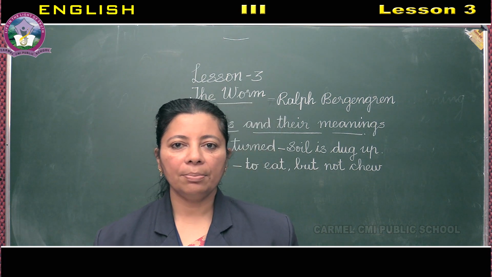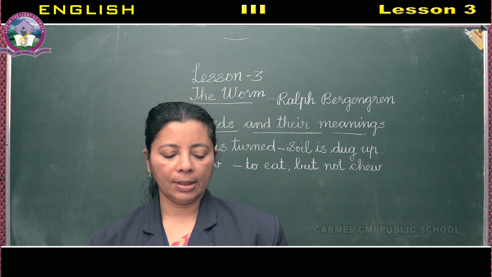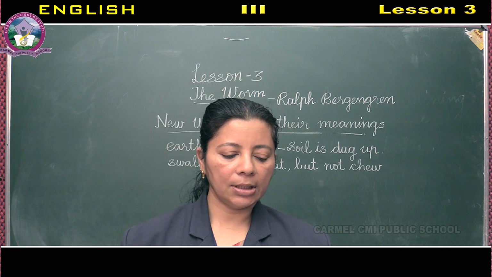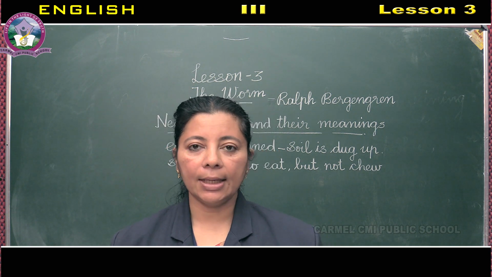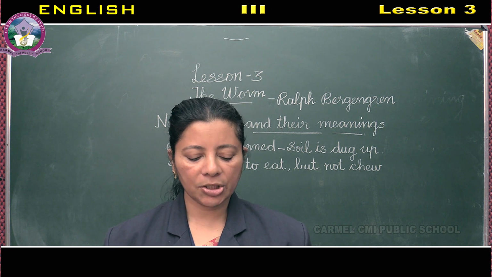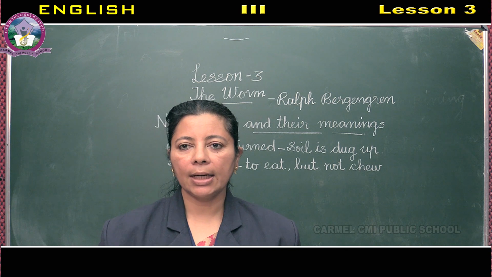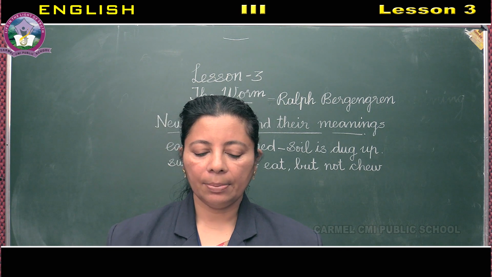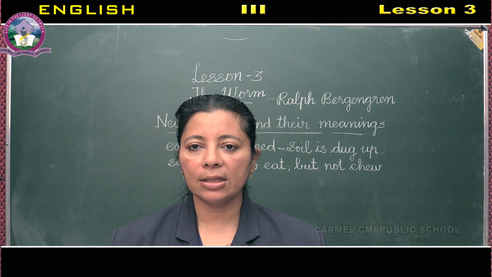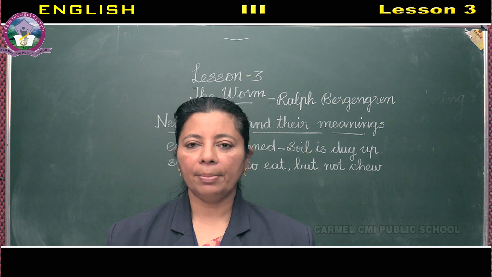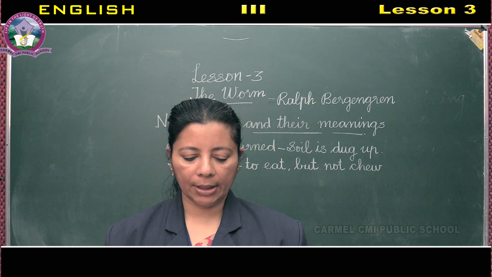Now we can go to the meaning of this poem. When the earth is turned in spring, the poet says that when the earth is turned means when it is dug up. Dug is the past tense of dig, or making a hole in the soil.